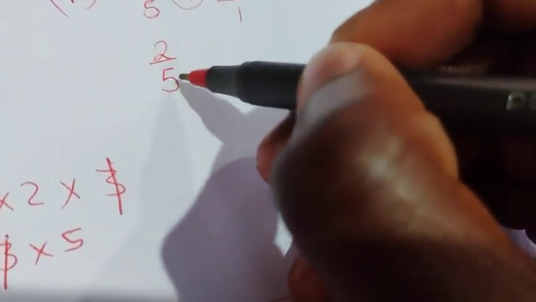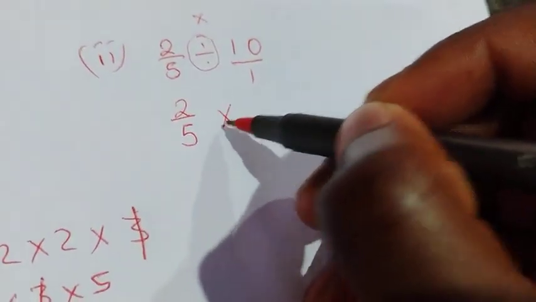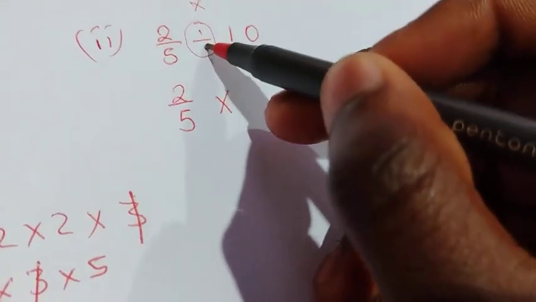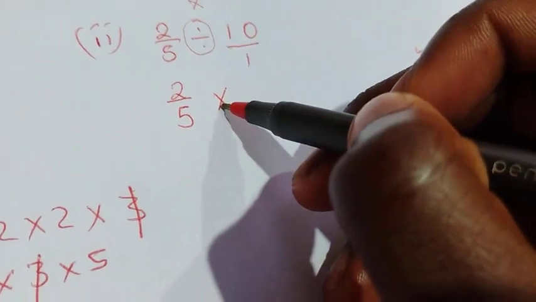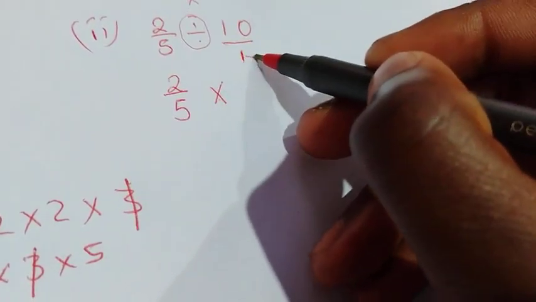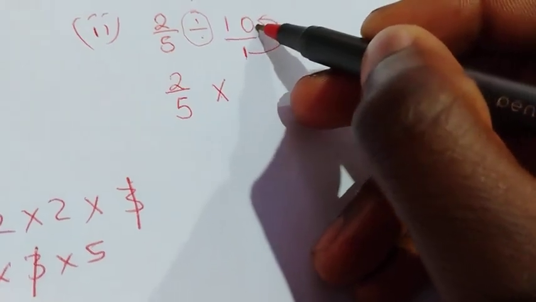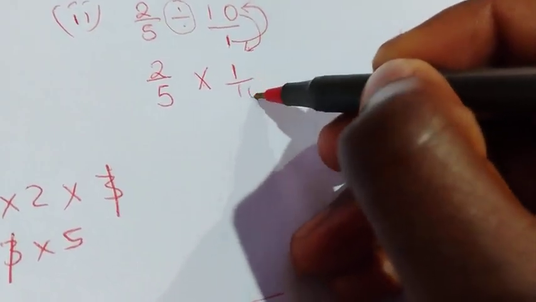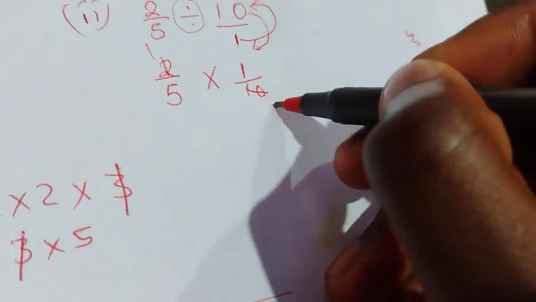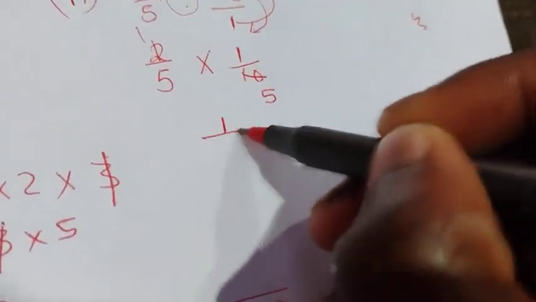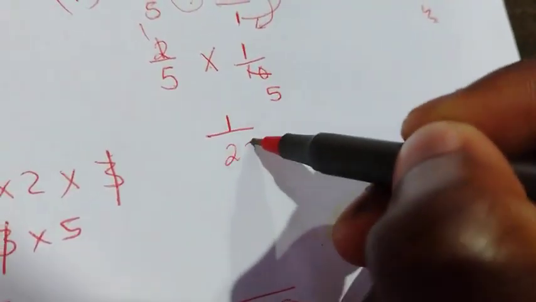So it's now 2 over 5 times. Once you replace your division sign with the multiplication sign, you invert this one. What is to invert? Your denominator will be your numerator, and your numerator will be your denominator. So it will be 1 over 10. Then we can reduce 2 into 2, 1 into 10, 5. Now 1 times 1, that's 1 over 5 times 5, it's 25.